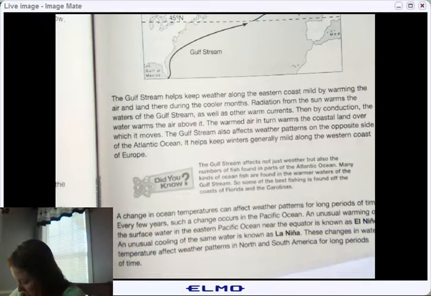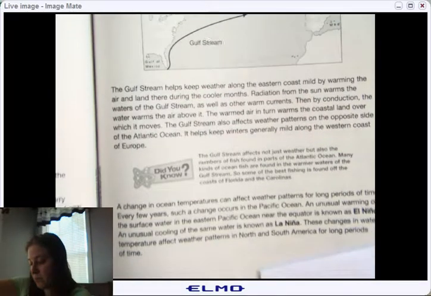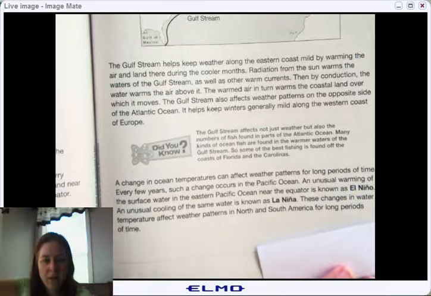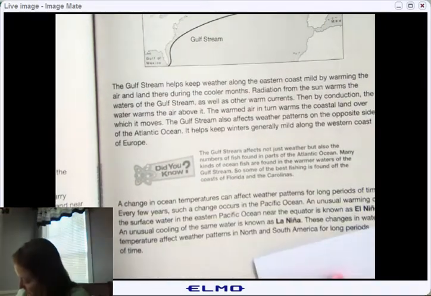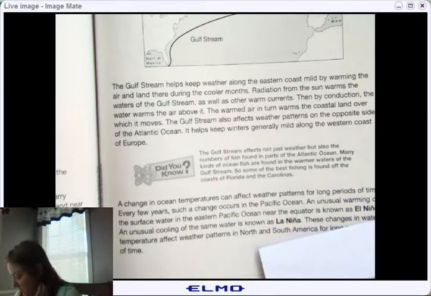The blank ocean experiences an unusual change in temperature every few years known as La Niña and El Niño. So the blank ocean. What ocean? Where is it going to be found? Last paragraph. The Pacific Ocean experiences an unusual change in temperature every few years known as El Niño or La Niña. El Niño is the blank of surface water in the eastern Pacific Ocean. So what is happening here? El Niño is warm, right?